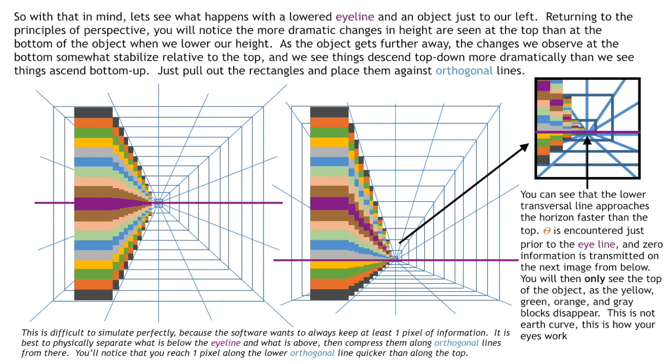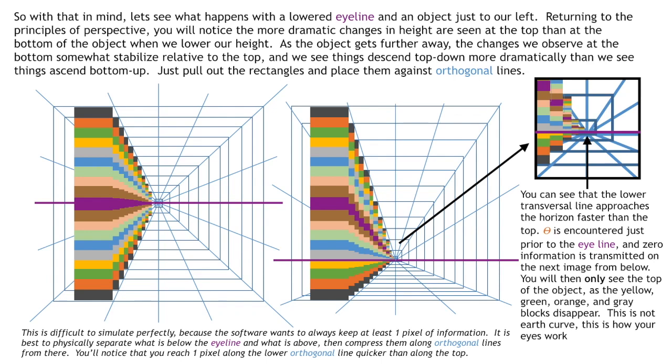So if I zoom in on these multicolored buildings, we'll say, and pull out what is zoomed in on, you can see that the lower transversal line, these transversal rectangles, essentially this lower aspect of it that was compressed differentially to the top, approaches the purple horizon line faster than the top does.